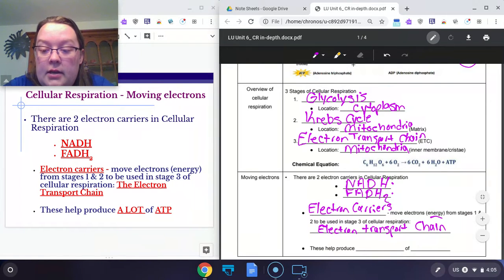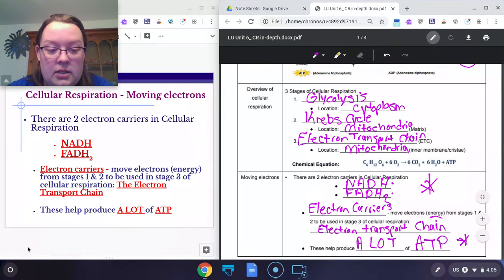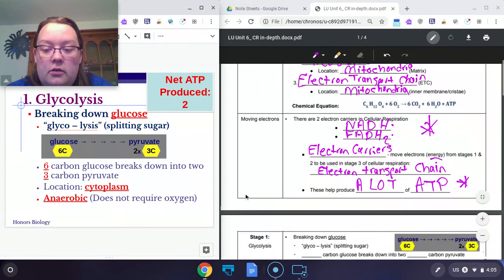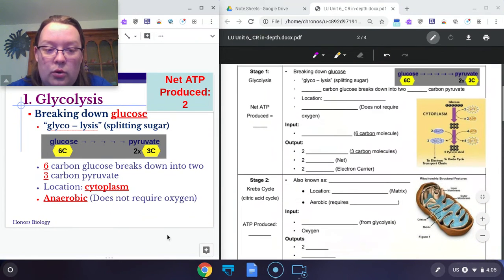And that process in which the electron carriers are used in the electron transport chain is going to be used to make a lot of ATP. So these electron carriers are very, very important in ultimately making a lot of energy for a cell. So we're going to look at the process in a bit more detail.